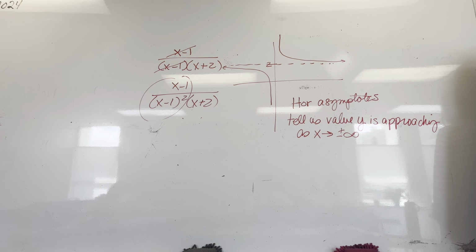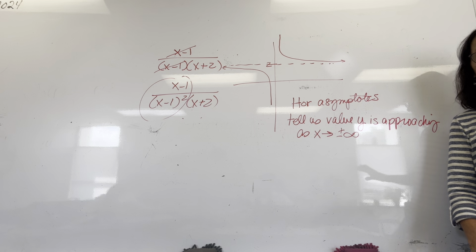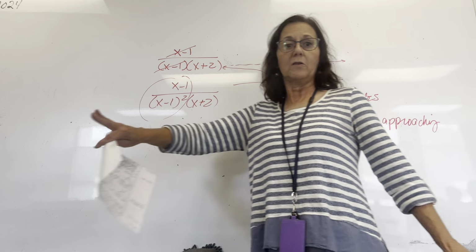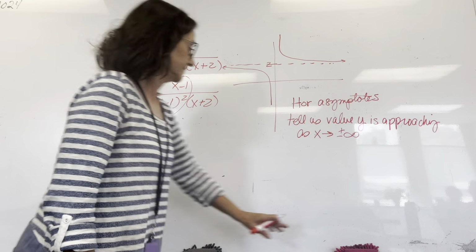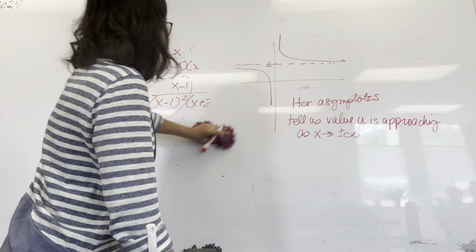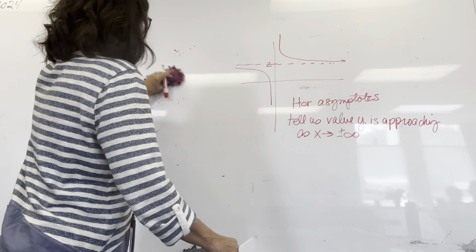As x gets bigger and bigger and smaller and smaller, what value is y approaching? We don't look at zeros for horizontal asymptotes.